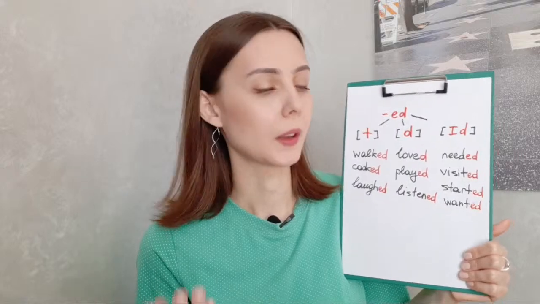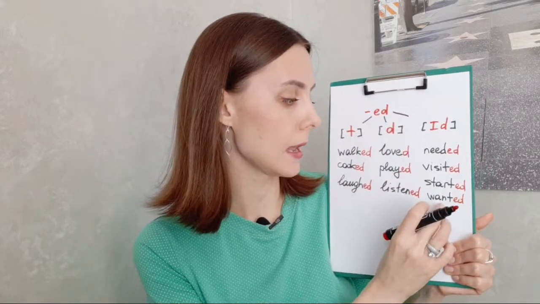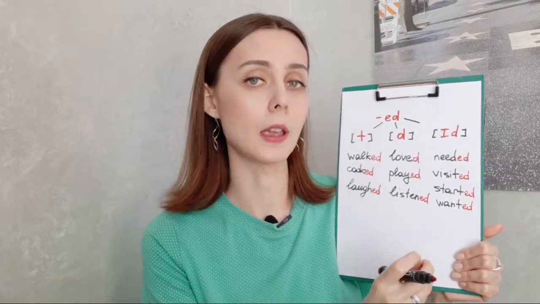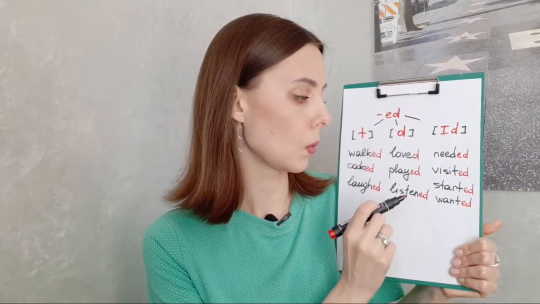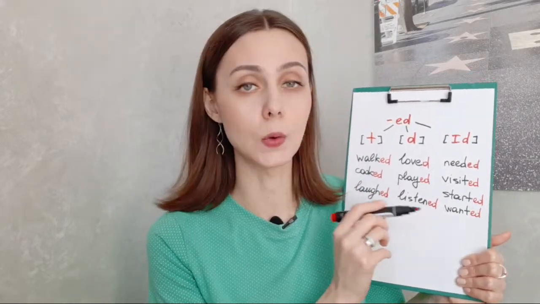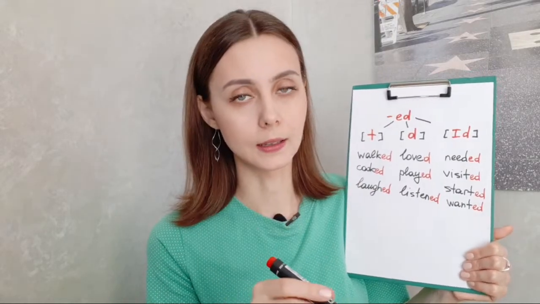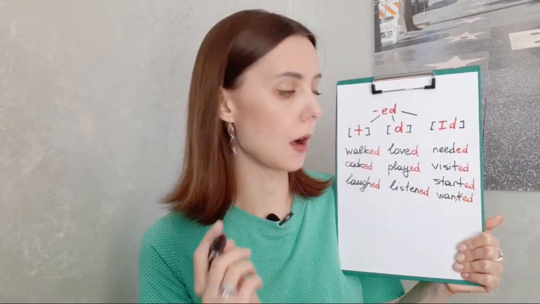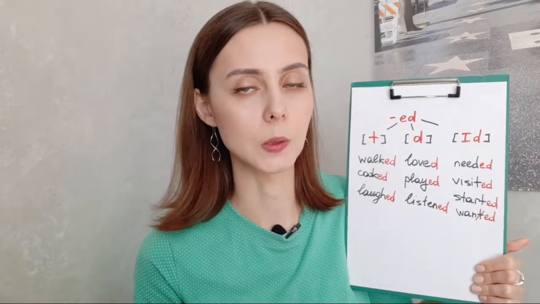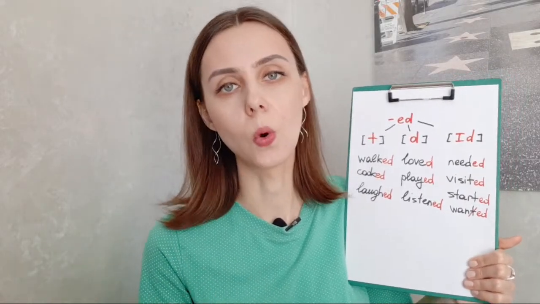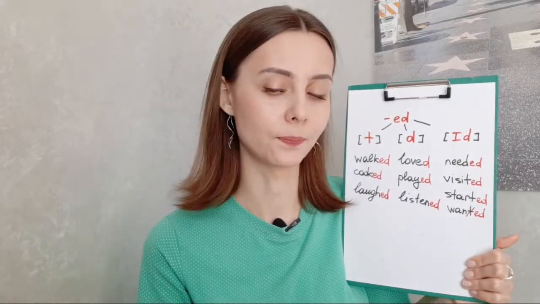By the way, when we have this cluster N and T, and they come together, and then we have a vowel, we can eliminate the t sound and we can say wanted. So this T actually is optional. You can say it either way, but normally it will be wanted.